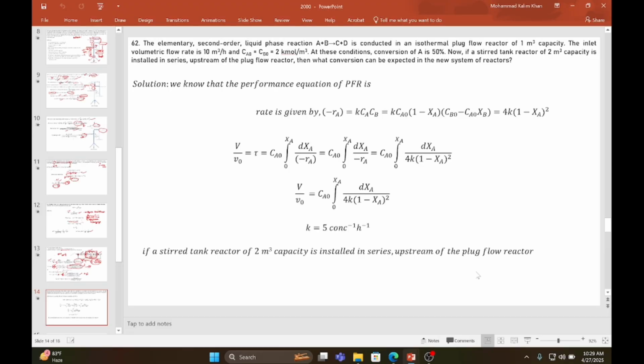So, switching over to the next question. The elementary second order liquid phase reaction A plus B gives C plus D and is conducted in an isothermal plug flow reactor of 1 meter cube capacity. The inlet volumetric flow rate is 10 meter cube per hour and CA0 equals CB0 equals 2 kilomole per meter cube. At these conditions, conversion of A is 50%.